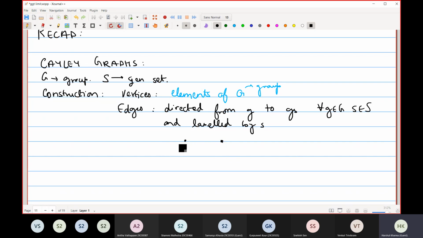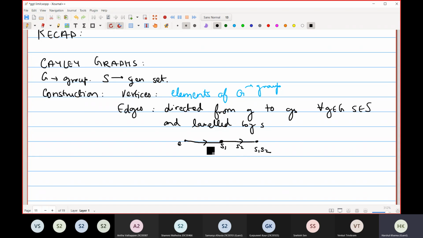So for example, suppose this was an identity element and this was an element of the generating set S, say s1, and suppose this was s2, not a generator, just a normal element of the group. Then you get this edge, then you get this edge.